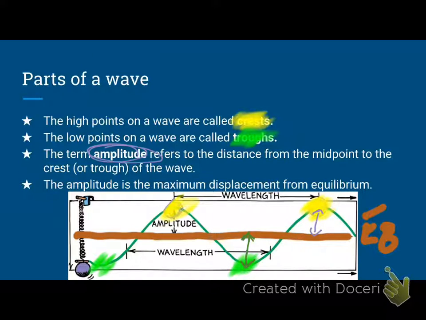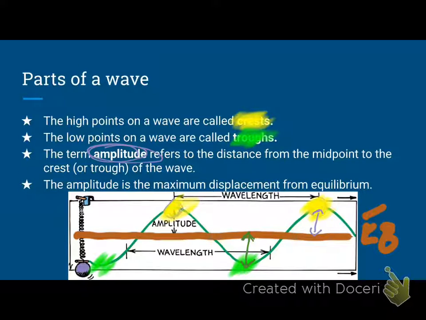And that's another important piece to remember here. The amplitude is the maximum displacement from equilibrium in either direction. It's not just the distance to the crest. It's not just the distance to the trough. It's the distance from equilibrium to the crest or the trough, because that displacement, assuming there's no energy loss, is going to be the same.